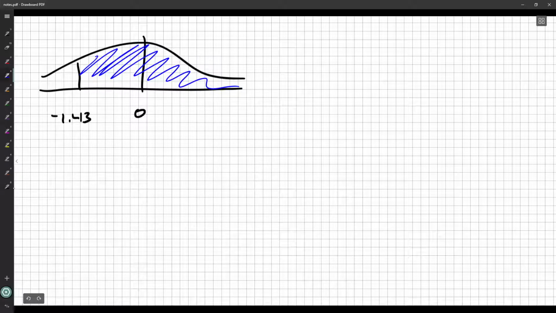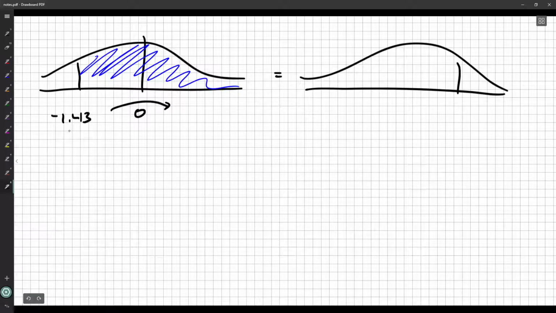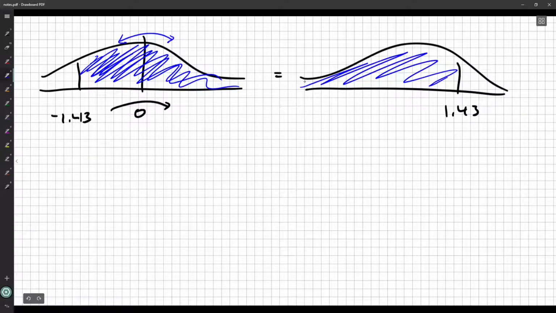Still, we need to flip things over the y-axis to change negative things to positive things. So the negative 1.43 becomes 1.43. This area that was shaded on the right flips over and is now shaded on the left. So this denominator is the same probability as something we can actually look up. It's the probability of z being less than 1.43.